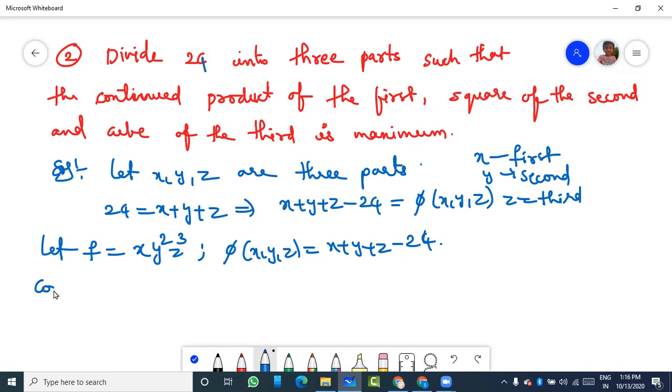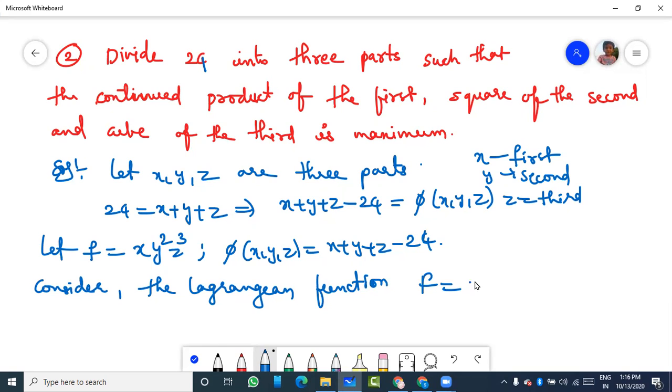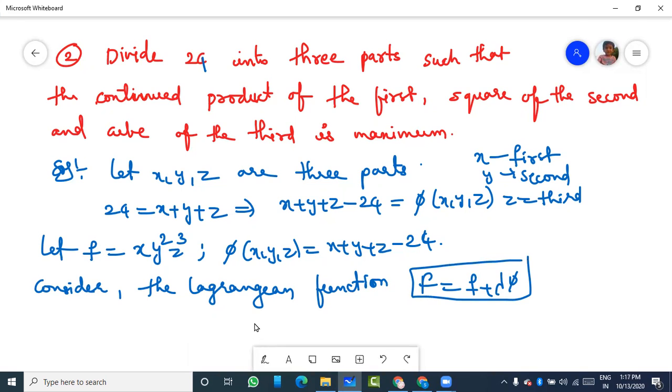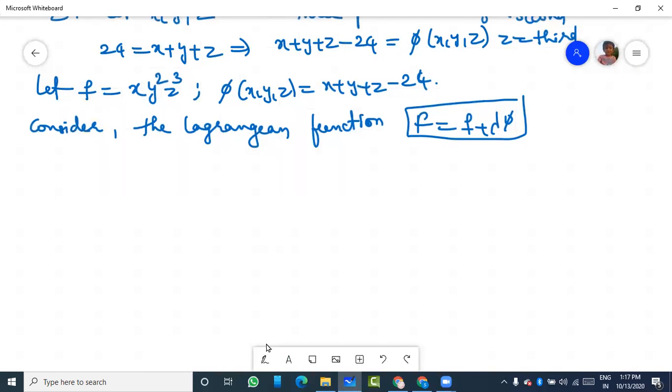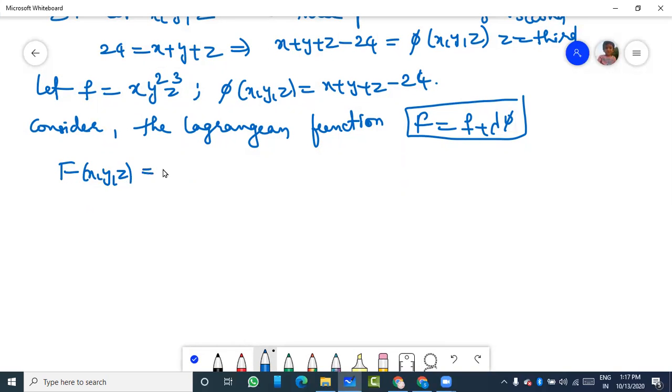Then we can take the Lagrangian function. Consider the Lagrangian function, capital F equal to small f plus lambda into pi. From this, we can write capital F of x, y, z is equal to x y square z cube plus lambda into x plus y plus z minus 24.